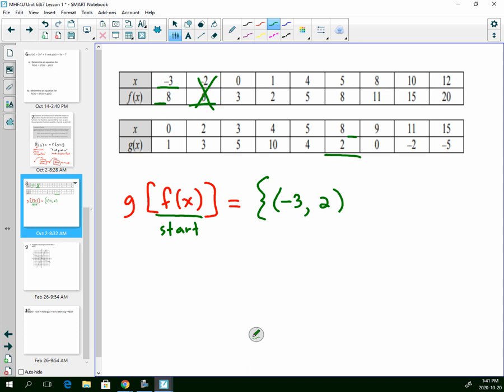Then we go to the next point, 0, 3. Well, I see a 3 here, so I can use that point there. So starting with 0, 3 output becomes 3 input in the next one. Final result is 5. Then I go to the next point, 1, 2. Is there a 2?